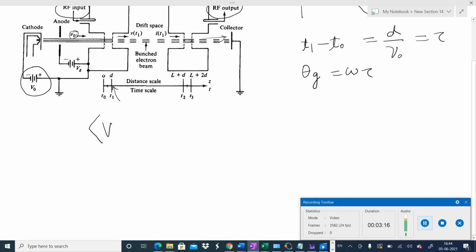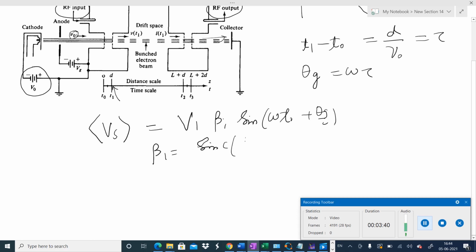The average voltage in the buncher gap is expressed as V1 beta I sine of omega t naught plus theta g by 2, and this beta I, after averaging out, was defined to be the sinc function of theta g by 2. This is called the beam coupling coefficient.